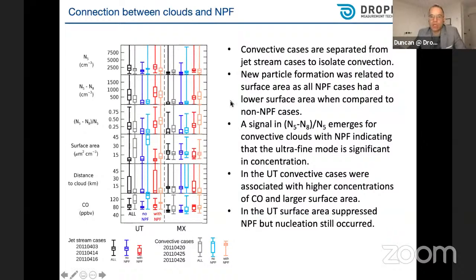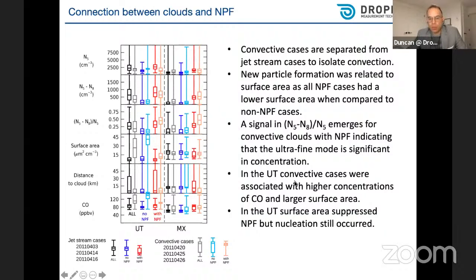We also notice a signal in the small number of particles when it comes to convective clouds with particle formation. In this case, we have ultrafine particles present in the proximity of convective clouds, and these occurred when particle formation was present.